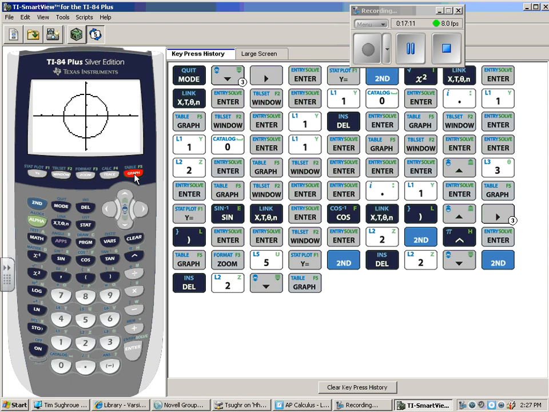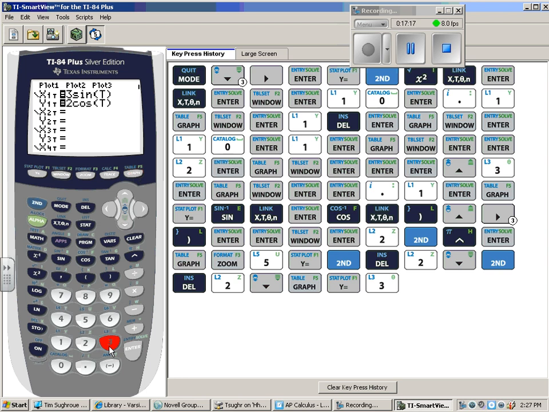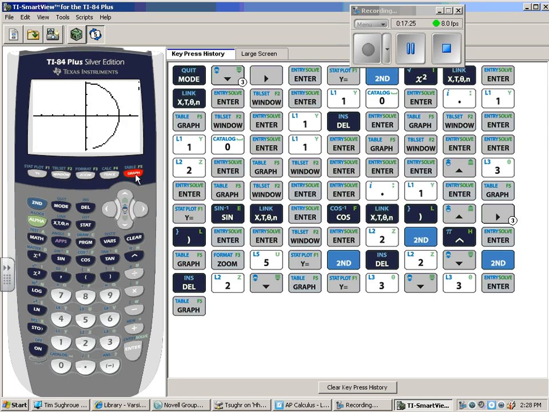Let's go back to y equals and change this to a 3. Then cursor down, change it to a 3. Hit enter. Let's graph this. And sure enough, now we get a nice circle of radius 3. Remember, before it was difficult to graph circles if we just wrote them in function form.